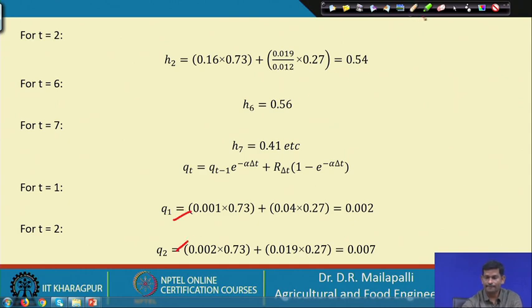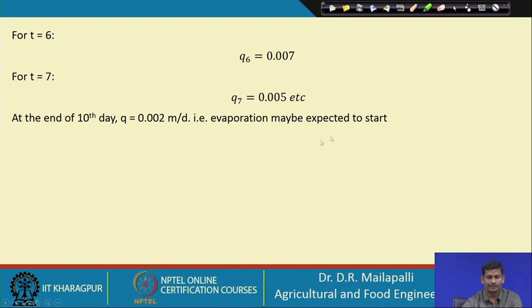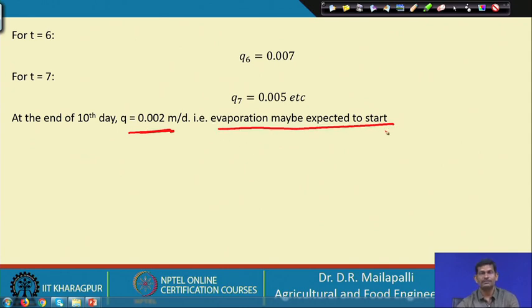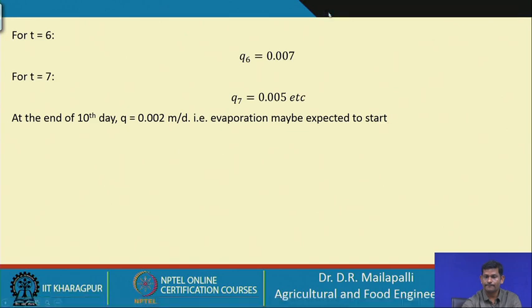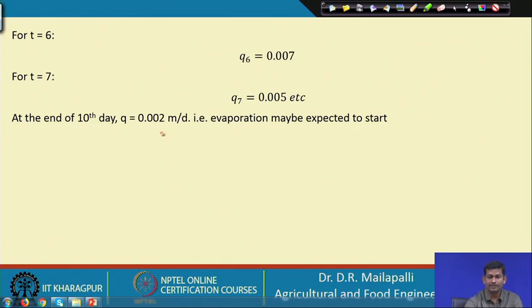Okay. So, at the end of the 10th day Q is equal to 0.002, which is equivalent to the evaporation rate, so evaporation is expected to start. After that, evaporation is going to start in the 10th day.